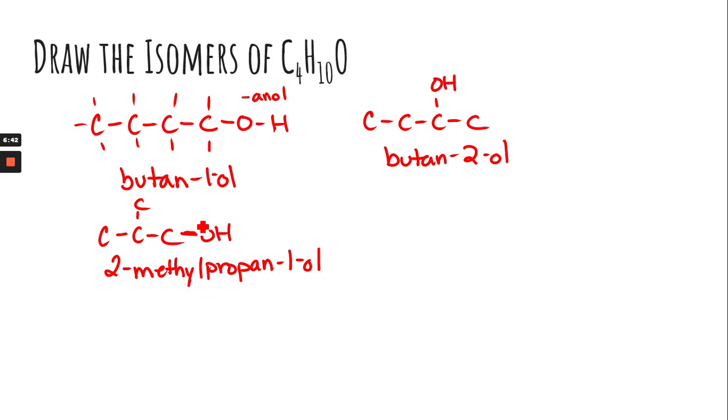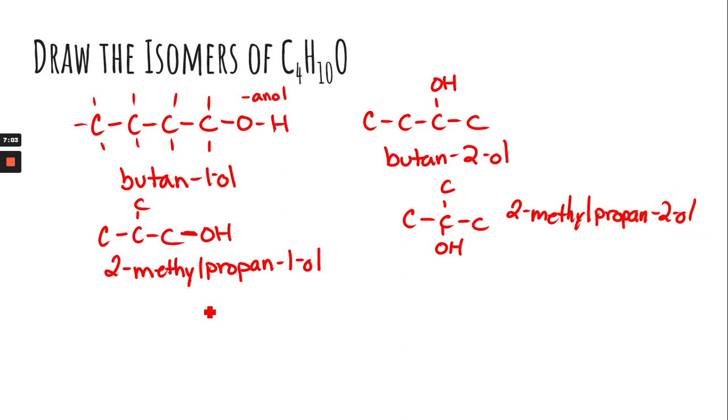We could move that alcohol back to the second carbon, and so we could have it look like this, where our side group and the functional group are coming off of the same carbon, and we would have 2-methylpropan-2-ol. Those are all the different types of hydroxyl groups that we can have.